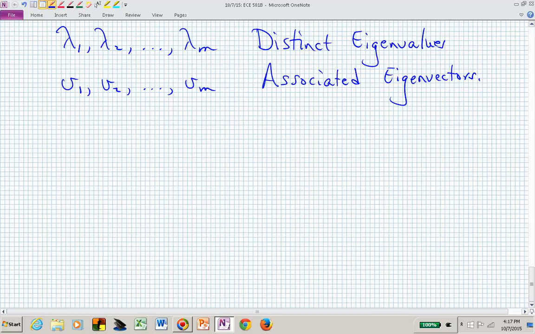It doesn't have to have m coordinates. We're not assuming that all of the eigenvalues in this linear map are distinct. And that's what I'm going to say here. Let's note that m is less than or equal to n, where n is the dimension of our vector space, V.